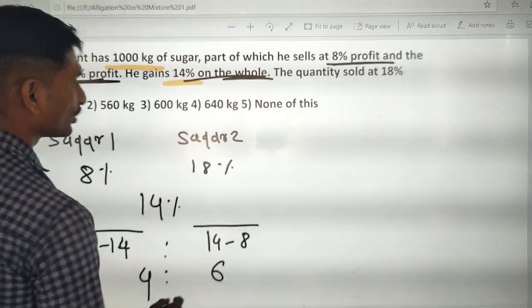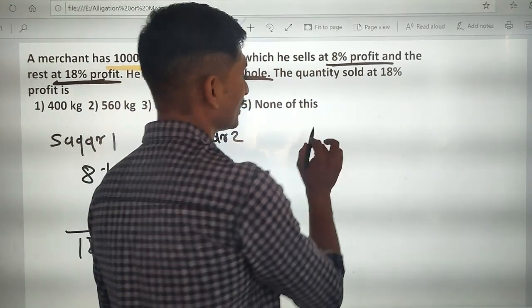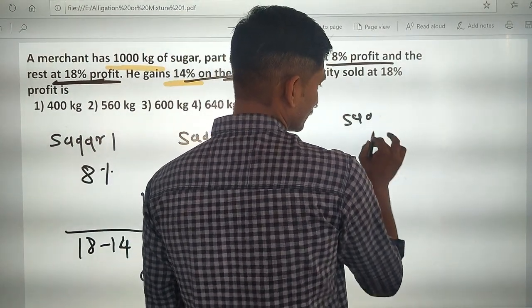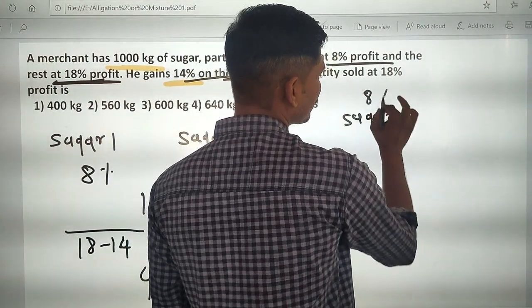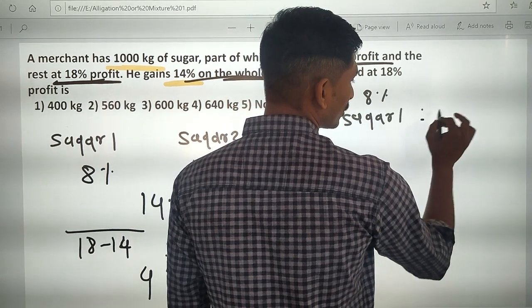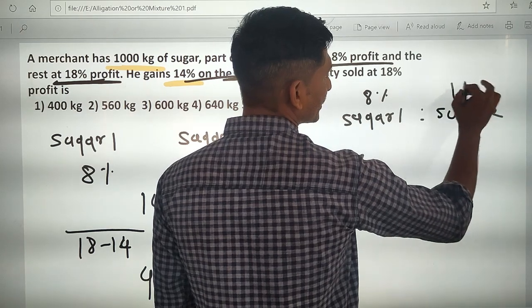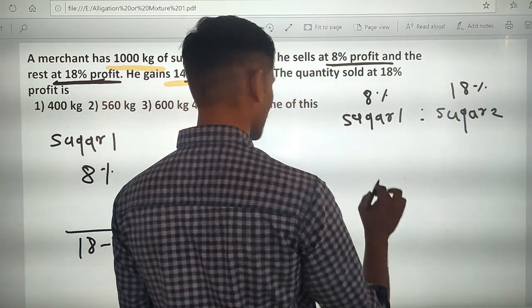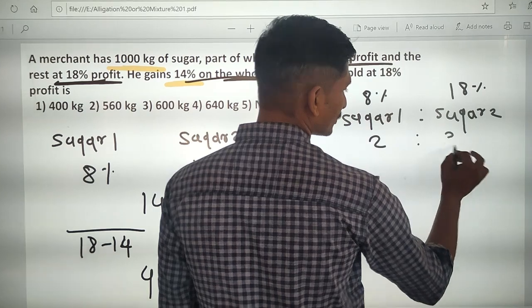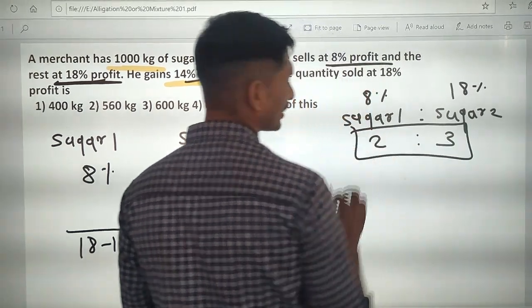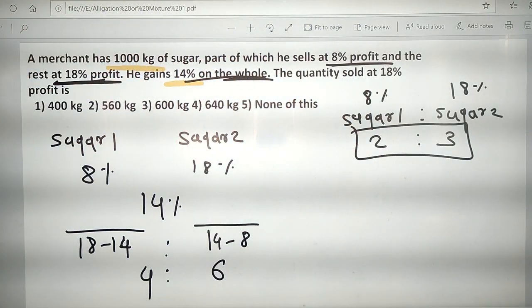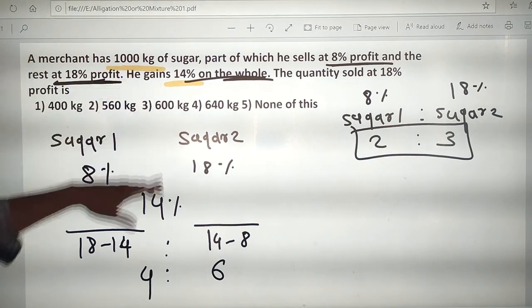Then the ratio is 4:6, which is 2:3. So sugar 1, sold at 8% profit, and sugar 2, sold at 18% profit, are in the ratio 2:3. Overall quantity is 1000 kg.